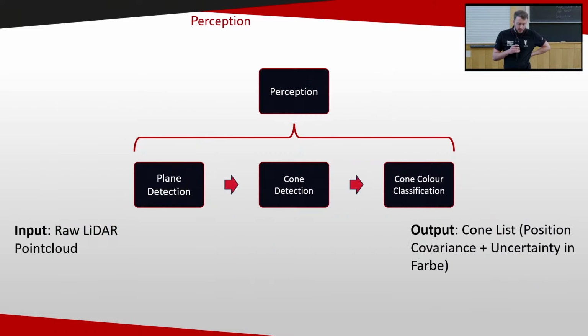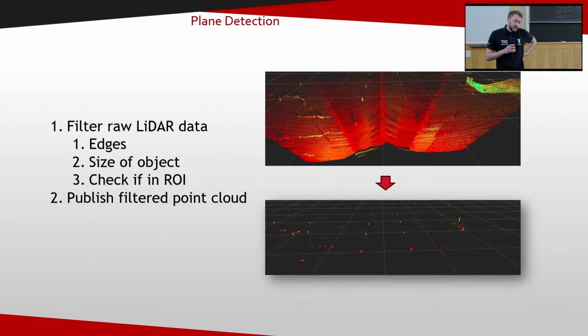In the perception, we first have to detect the plane. Then remove that, then we can perceive the cones, and then we can perceive the color of each cone. Therefore, we first filter out the plane, as you can see here in the picture, so that we only have objects that hopefully will be cones.